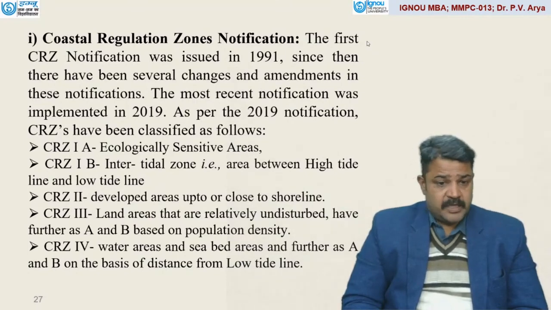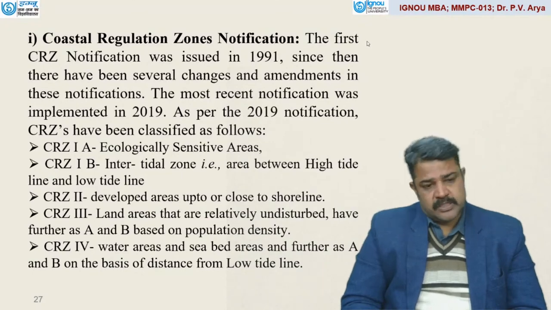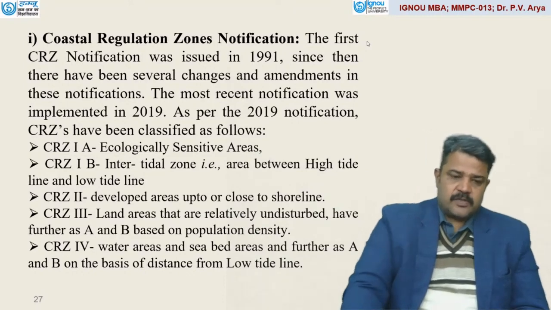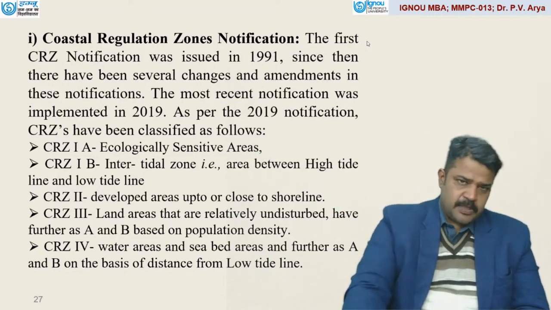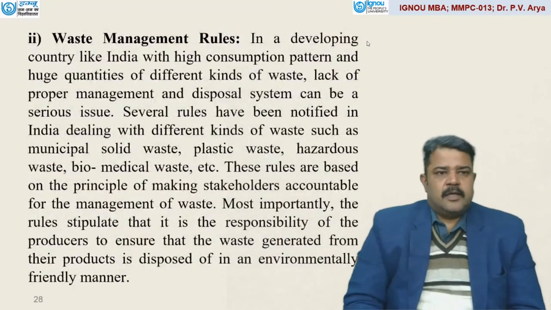Zone 2 is developed areas close to the shoreline. The third one is land areas that are relatively undisturbed, further divided into A and B based on population density. And Zone 4 is water areas and seabed areas, also further divided into A and B depending on their distance from the low tide line.